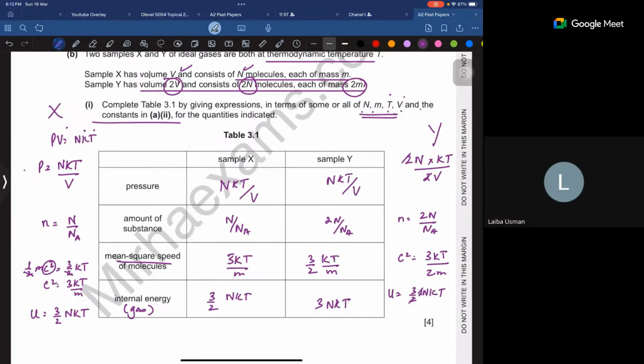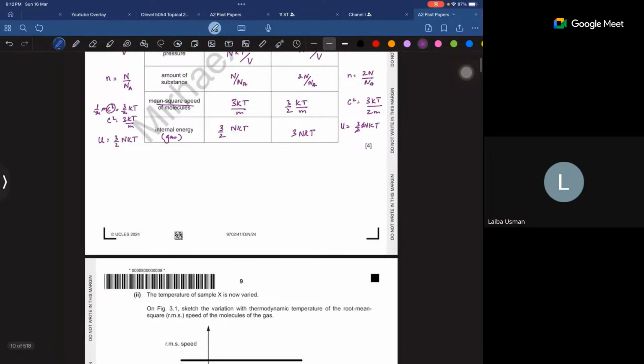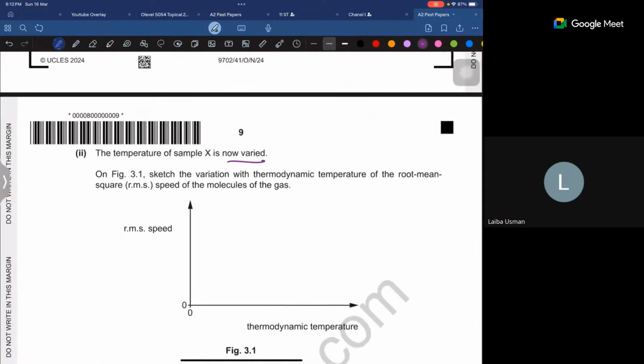Right. Then in the next part, it says the temperature of X is now varied. Sketch the variation of thermodynamic temperature with root mean square speed of the molecules, RMS speed with the temperature. Interesting. We have to check.